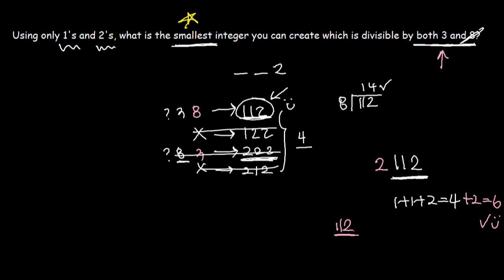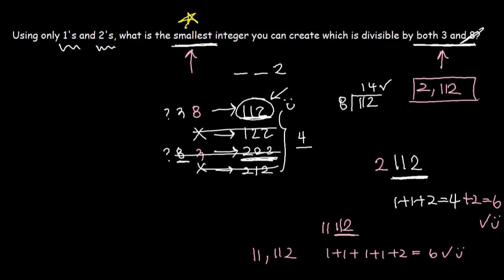So if you really wanted to, you can make this a 5-digit number, because we know that 1 plus 1 plus 1 plus 1 plus 2 equals 6, which still works. So you'll have 11,112. You can have that, but they're asking for the smallest integer, which is the main point of this question, right? So the answer to this question undoubtedly is going to be 2,112.